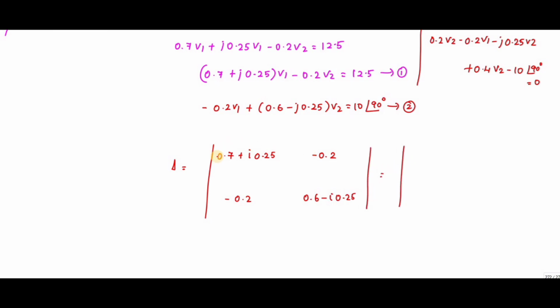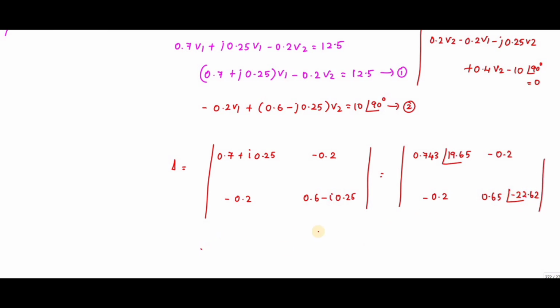I can write this in polar form as 0.743 angle 19.65, minus 0.2, minus 0.2, and 0.65 angle minus 22.62.